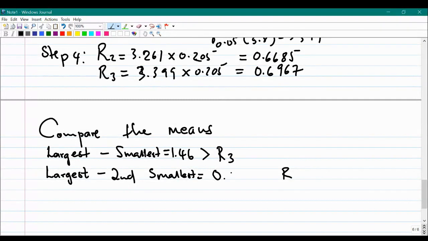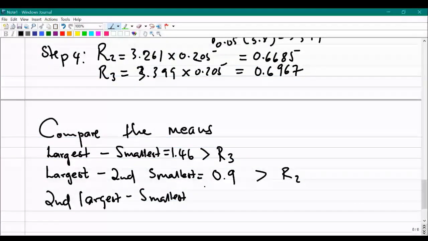It's also greater than R2, isn't it? Second largest minus smallest. It's given by what? 0.56. 0.56 is greater than R2, isn't it?